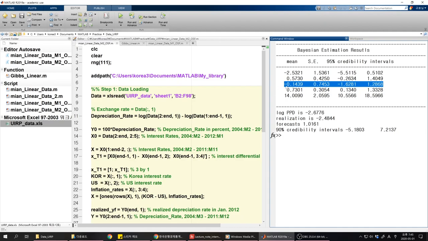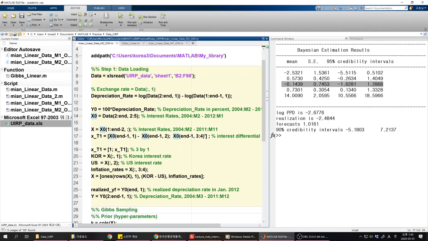I think this is the intercept term, interest rate differential, and Korea inflation rate. So of course you can just remove the Korea inflation rate from this, right? Then you can consider only the fourth column of X. That's one way. Then you will have to change this line too, right? Maybe this line, I don't know.